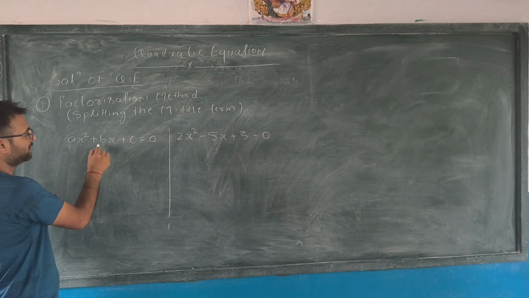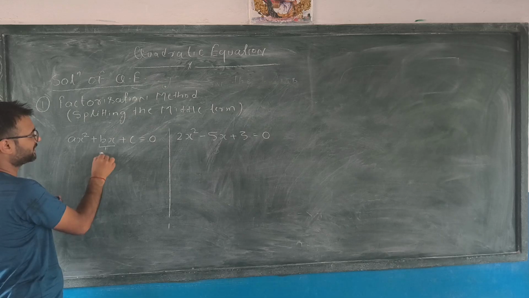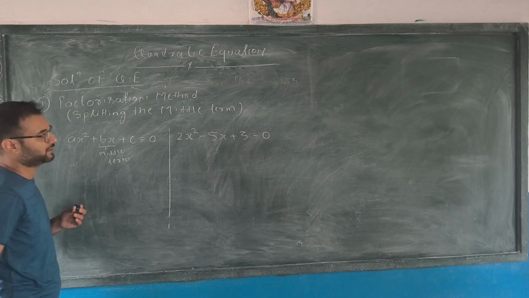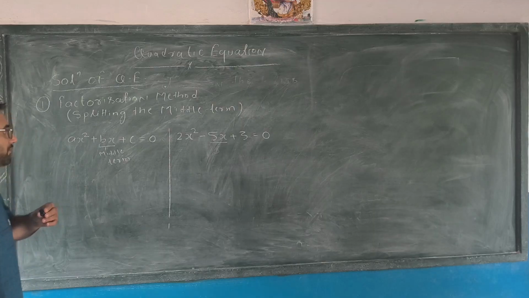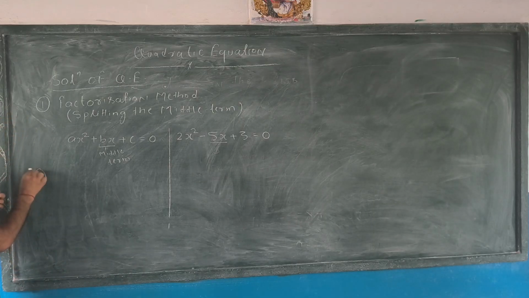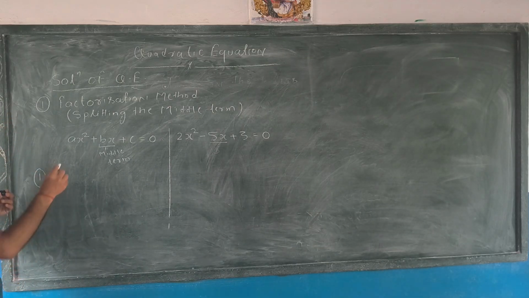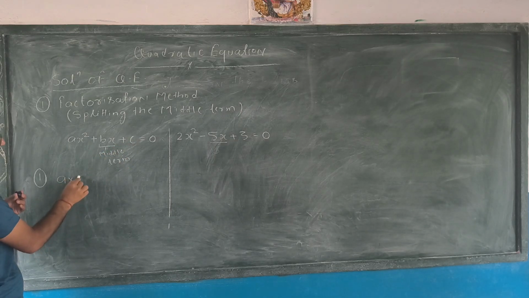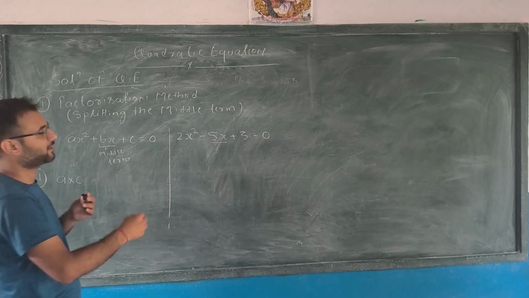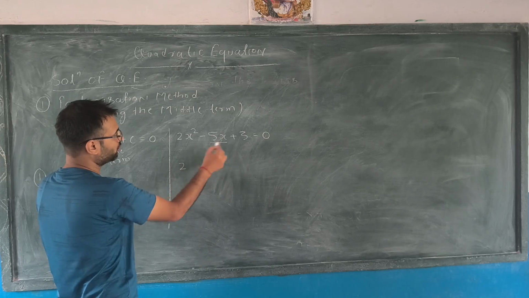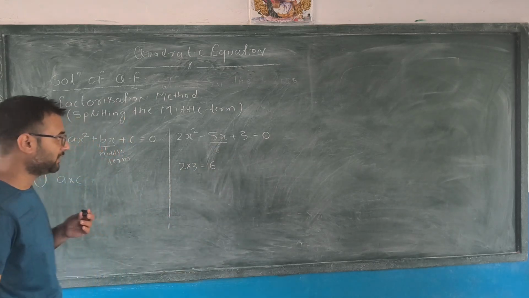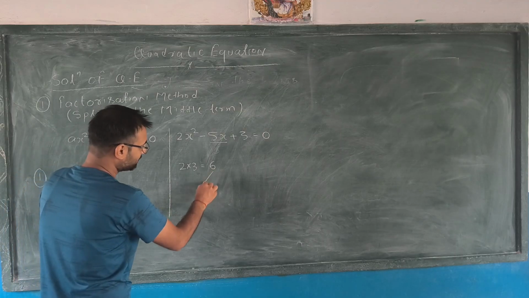Splitting the middle term: that is the middle term. Step number 1: multiply the coefficient of x square, that is a, and the constant, that is c. Here the coefficient of x square is 2 and the constant is 3, which gives 6.